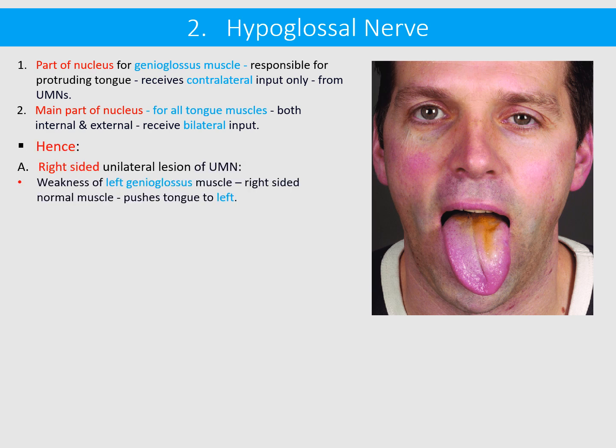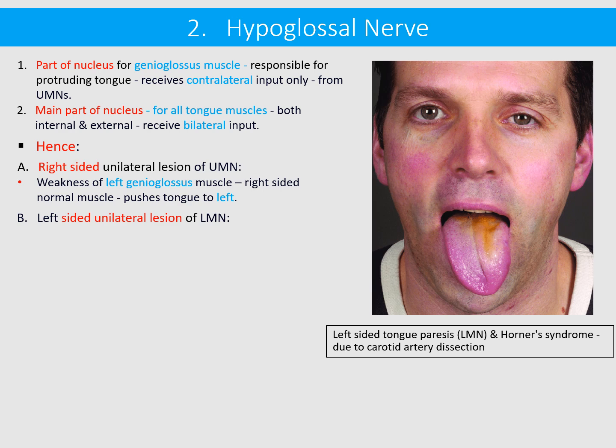Hence, in right-sided unilateral lesion of the upper motor neuron, because of weakness of the left genioglossus muscle, the right-sided normal muscle pushes tongue to the left.